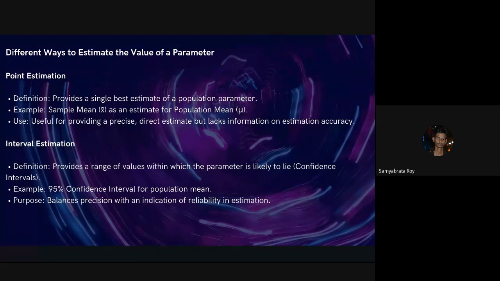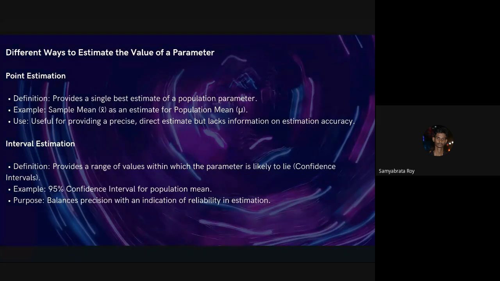In this scenario, instead of giving a single value, we try to find a range of values within which the parameter should lie with a certain confidence.